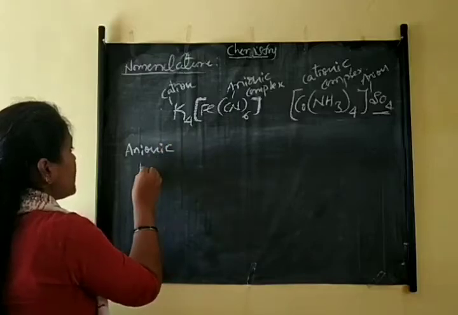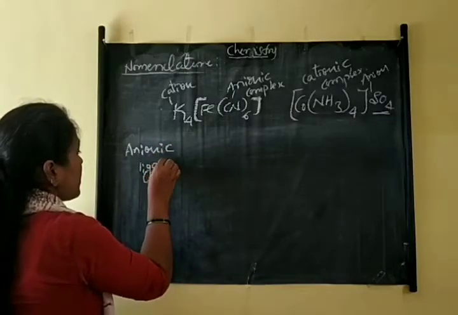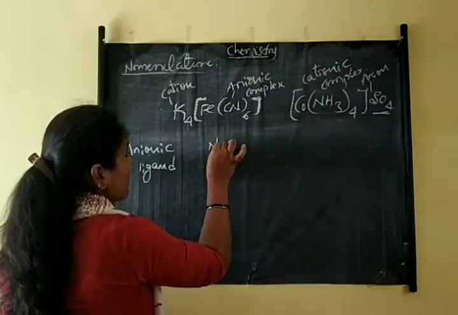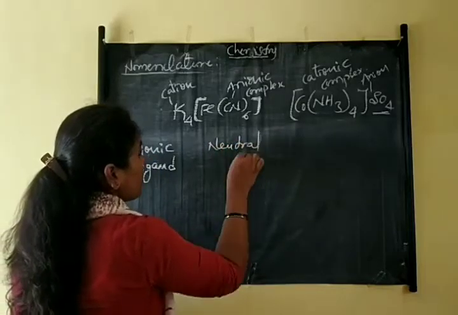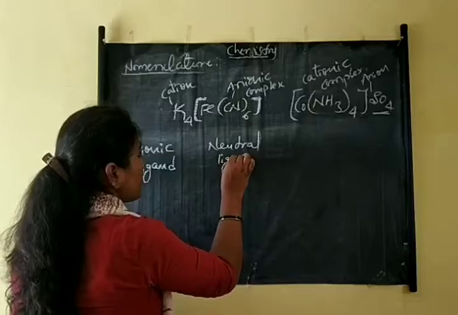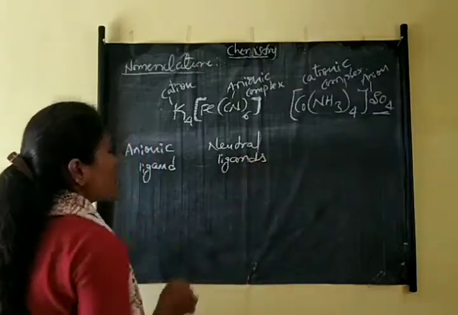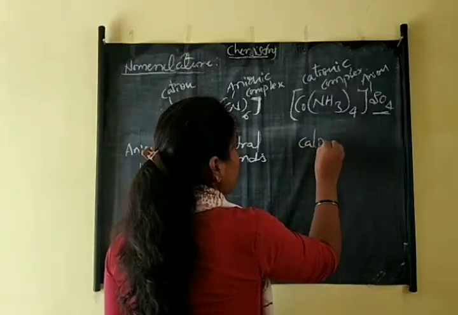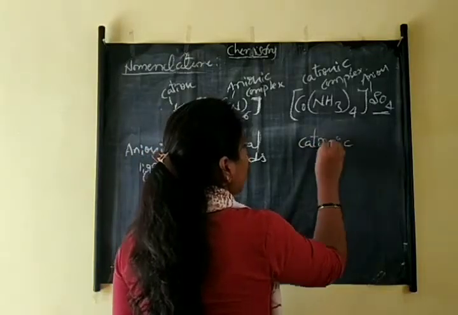Anionic ligands, neutral ligands. These are some basic information to know about coordination compounds. And next is cationic ligands.